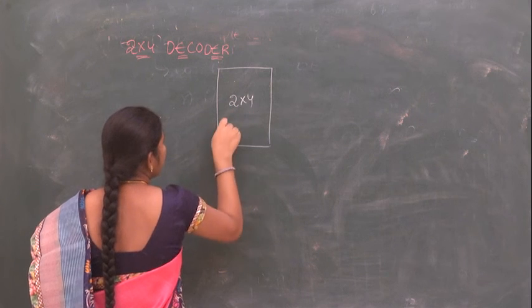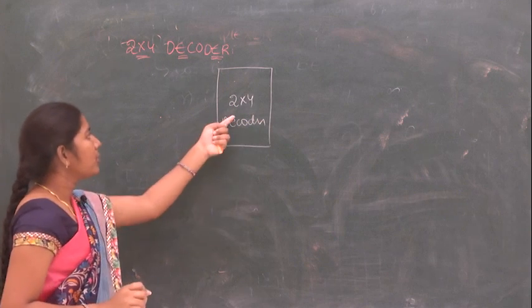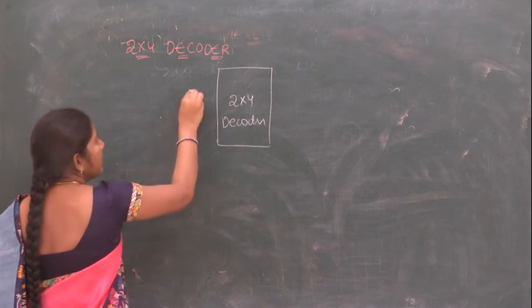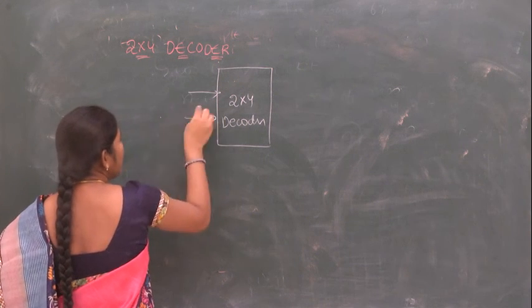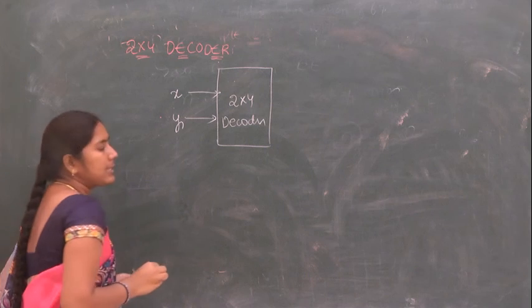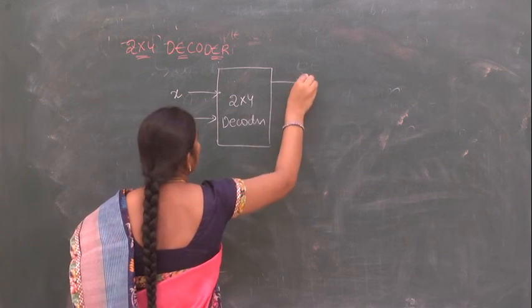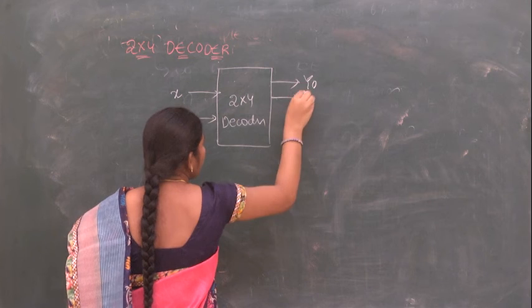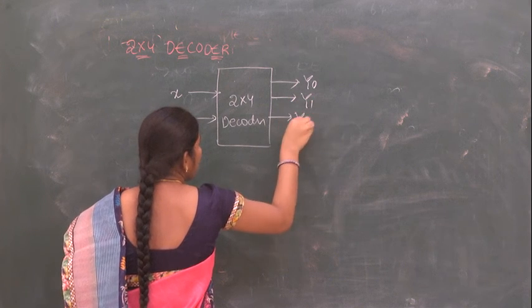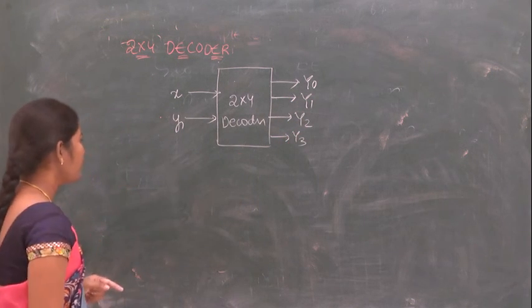The naming of the block represents what type of circuit it is. So 2 cross 4 decoder means we'll have 2 inputs, let's take x and y as the inputs, and 4 outputs. I am assuming the outputs as y0, y1, y2, y3.